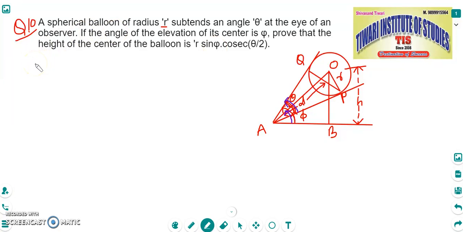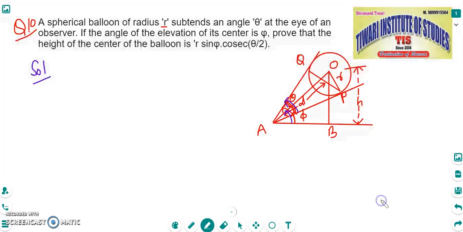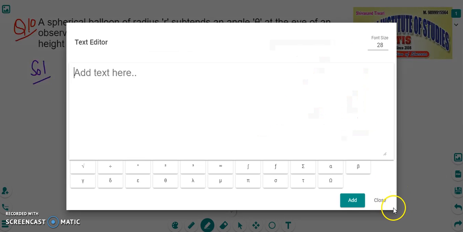As I told you, the solution contains two different concepts. One is the circle and the second one is trigonometry. So first let me go through the different parts. I wanted to type it along with the figure, but I think it's not possible here, so I'm just writing here.